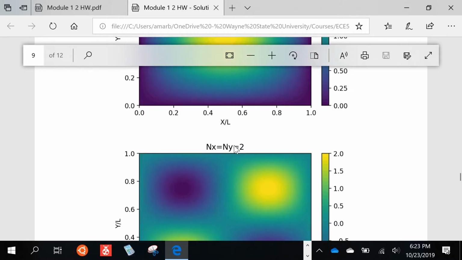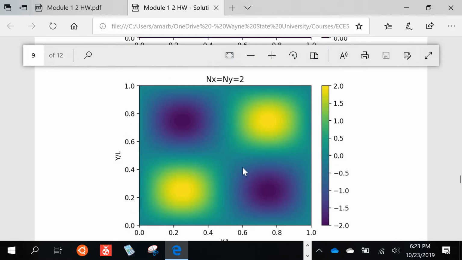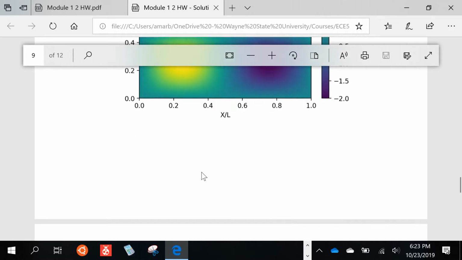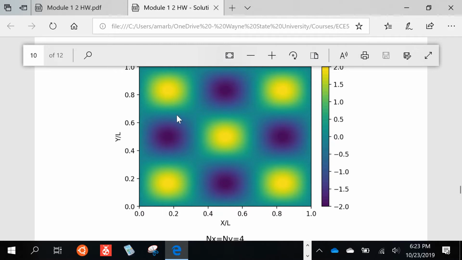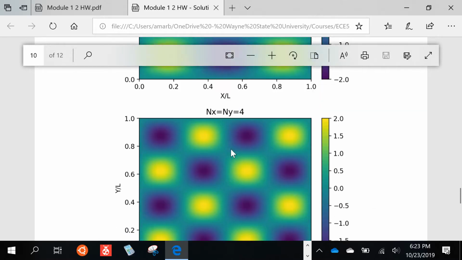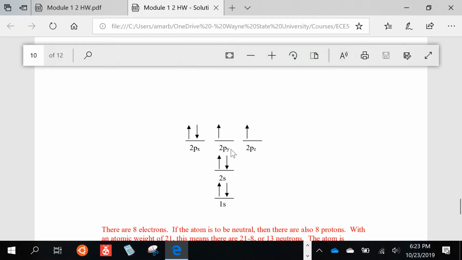If it's in the next lowest energy state, it would likely be in the middle of one of these four quadrants, and so on. At the higher energy states, you have similar relations. There are additional locations where the electrons are more likely to be. So they just get more and more complicated from there.